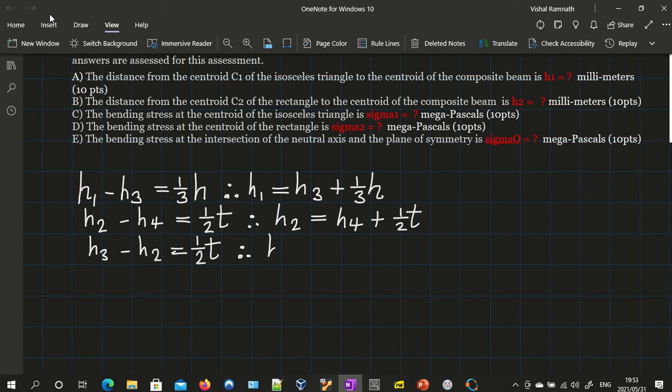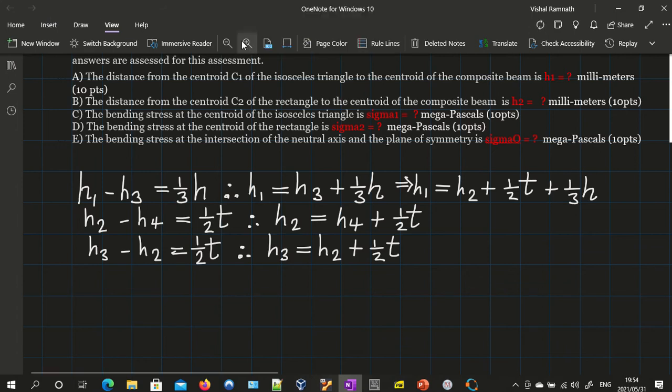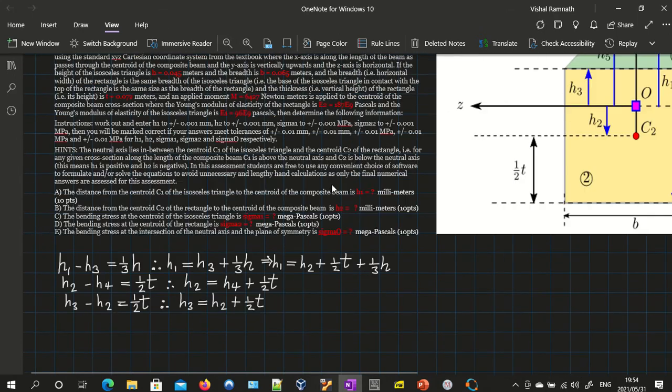Therefore, h3 is equal to h2 plus 1/2 t, and therefore that would then mean h1 is equal to h2 plus 1/2 t plus 1/3 h.